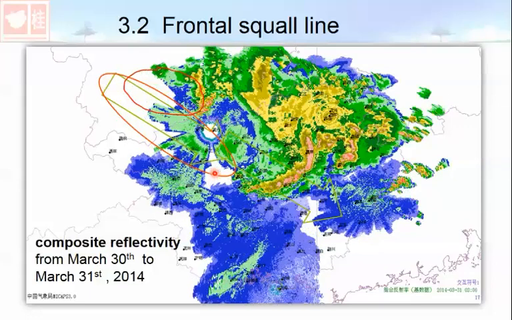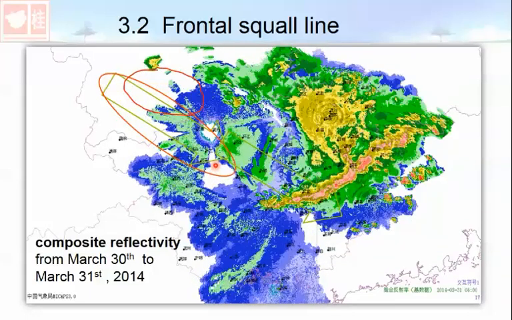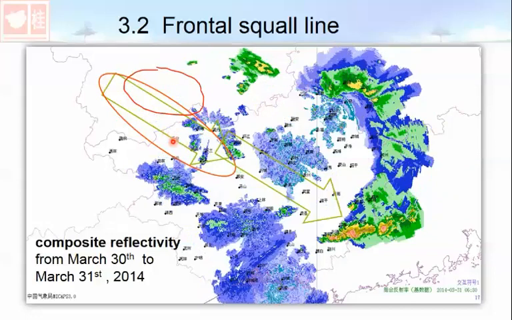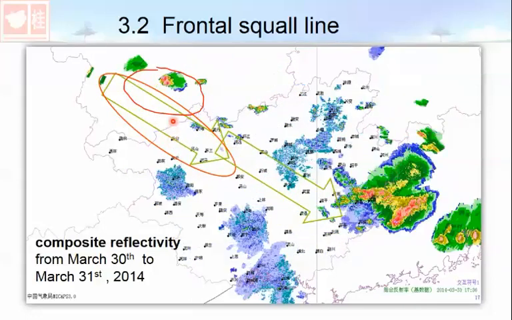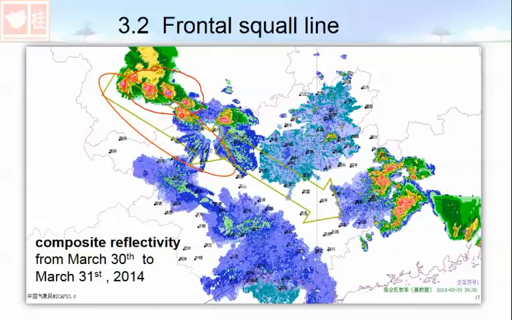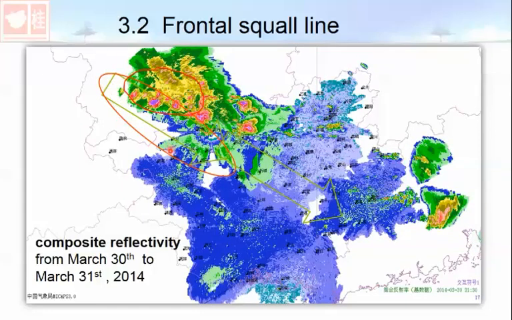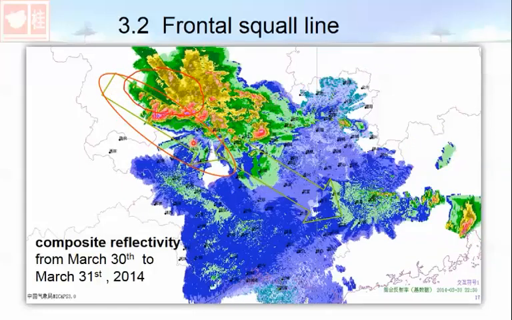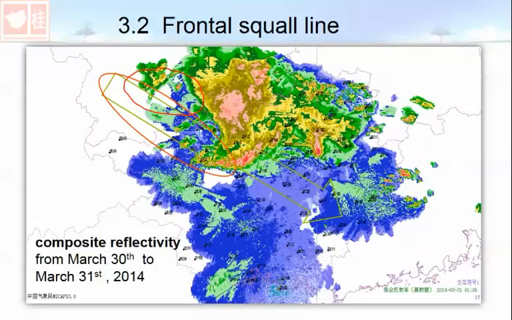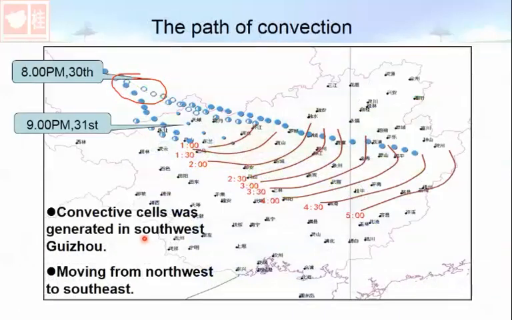Convection was triggered by the west of the front, where the front convergence line and dew point front are. When the high trough was closed, the convection was induced. Above is a common form of the frontal squall line in spring.